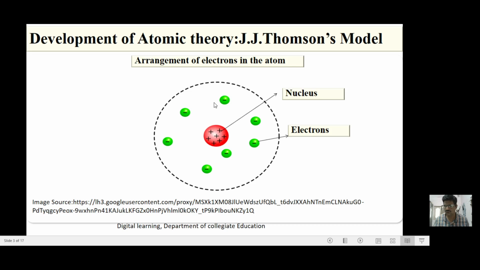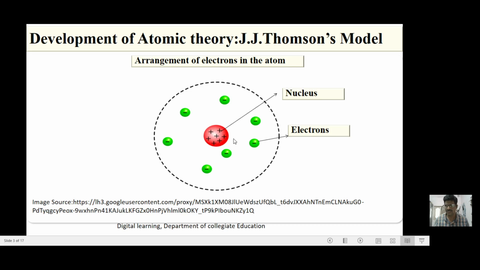The whole positive charge of the atom was equal to the total charge of the electrons. The atom was like a plum pudding. The electrons oscillate or vibrate about their mean position. The Thomson model could be successfully applied to simple gas laws and simple physical and chemical problems.